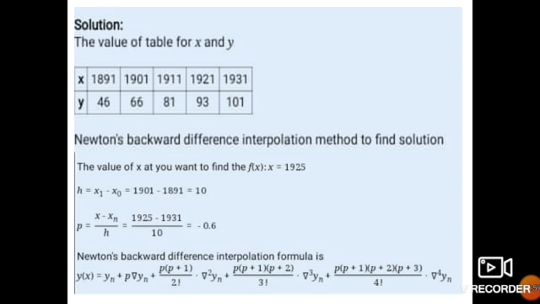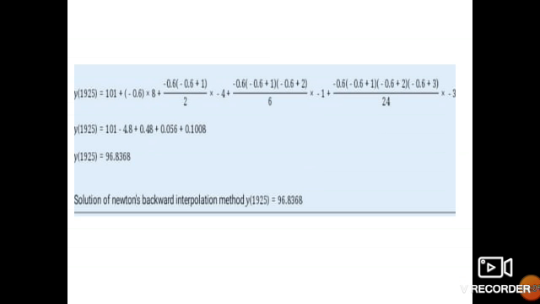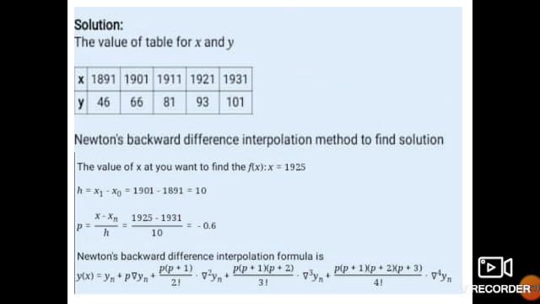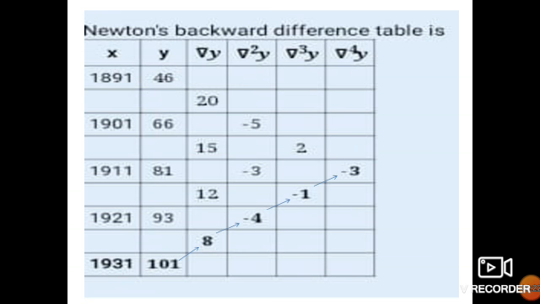So we have used the backward difference formula, and the answer is 93 point something, which lies between the numbers 93 and 101. So it is a suitable answer, an interpolated answer lying between 93 and 101. So our answer may be the correct answer.